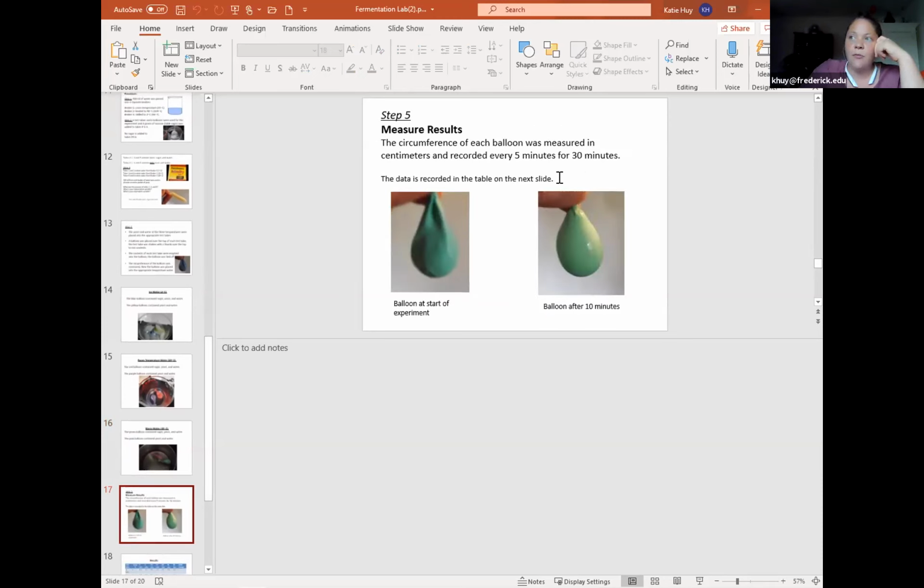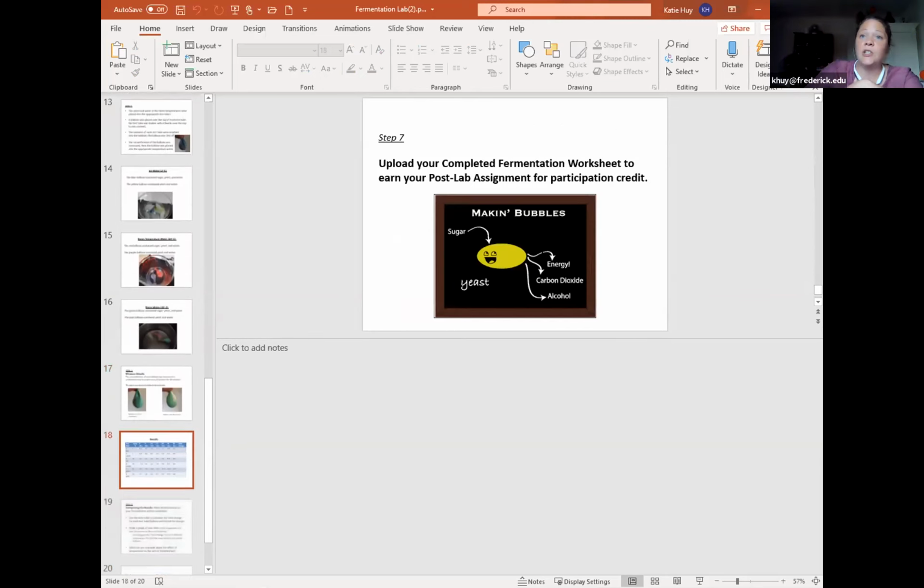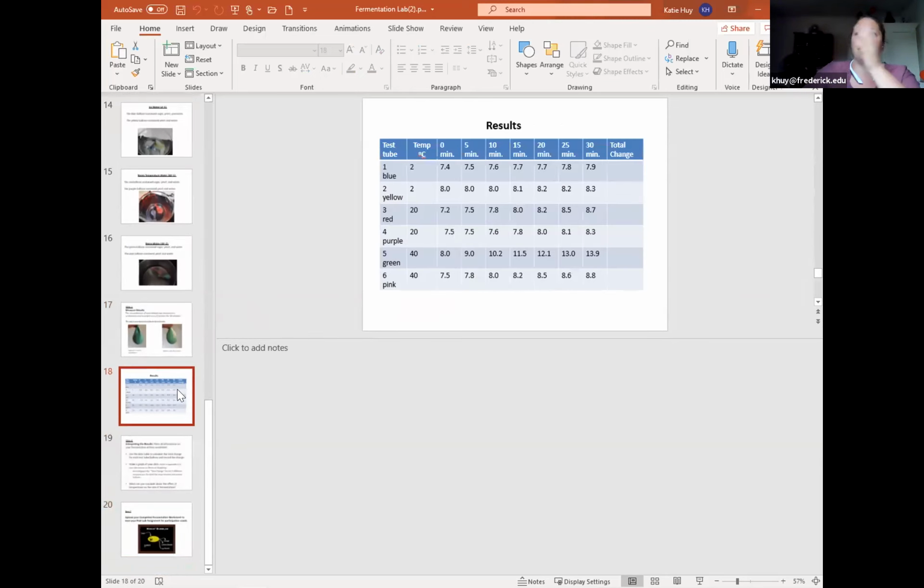Okay, so every 5 minutes for 30 minutes, that circumference has been measured. And that information has been put into this results chart for you. So what you're responsible for is determining how much that circumference changed.